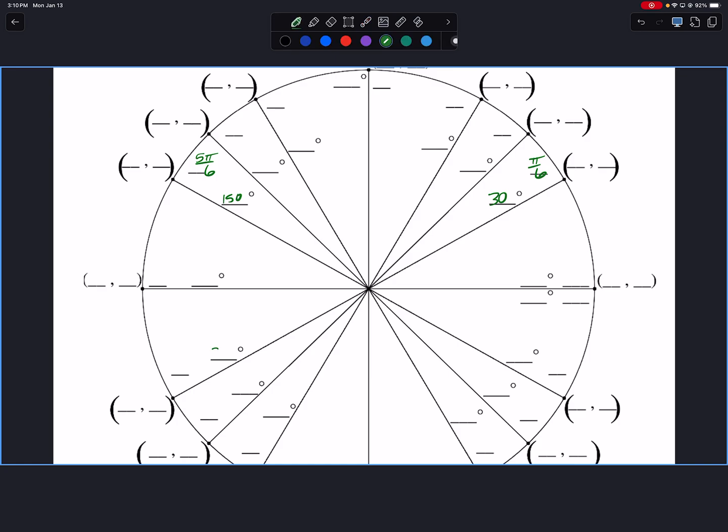How many radians is 210 degrees? 7 pi over 6. In quadrant 4? 330, which is the same as 11 pi over 6. Okay, do you guys notice how I did all these in green? So I'm going to highlight all those radii in the same color.